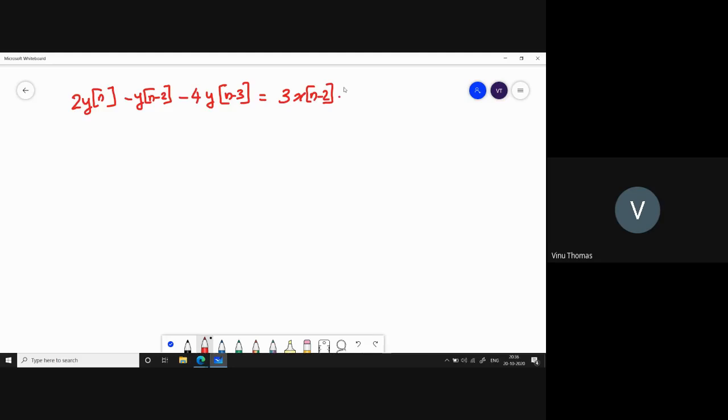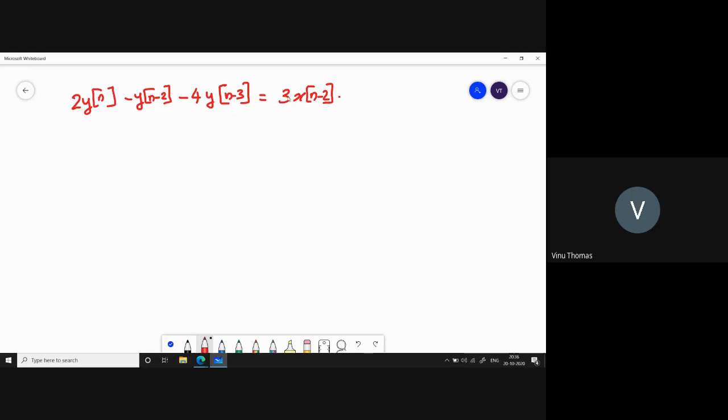So you see that there is only one term in the numerator. So there is only the x(n minus 2) term here, which means that it does not depend on x(n) or x(n minus 1). It depends only on x(n minus 2).